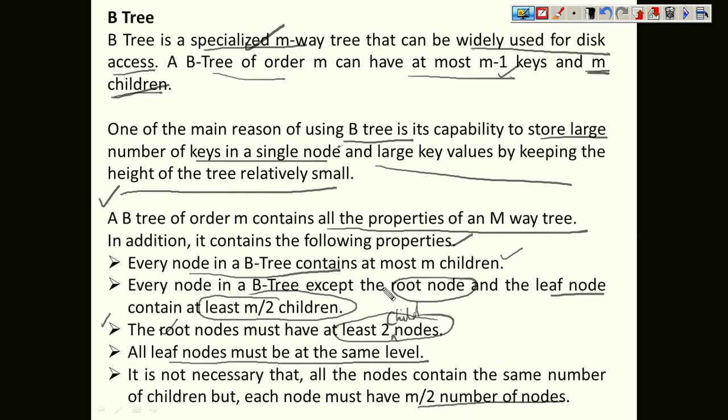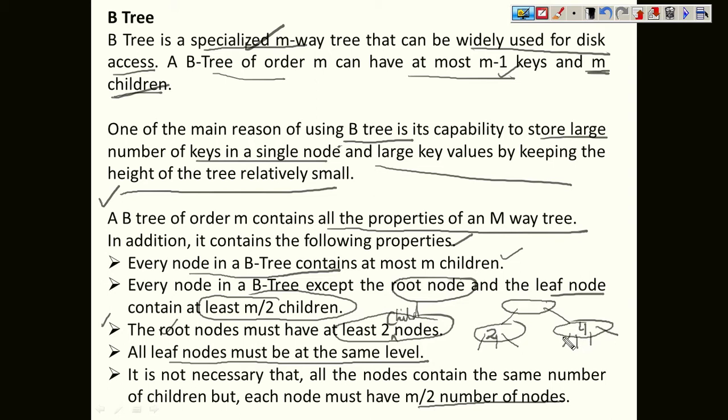In this tree it is not mandatory that all the nodes contain the same number of children. What does it mean? Let's say this is one root node, and then it has some children. This is a child node, a child node. Now it is possible that this contains only two values and we have three children, and this contains four values and can have five children. So this is possible.